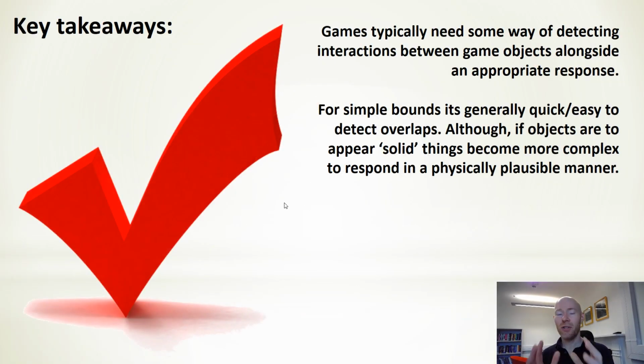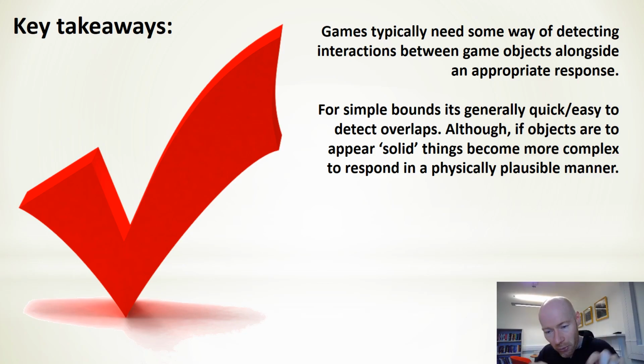So just to summarize things, for games that you're doing, generally speaking, you do need to have some way of detecting interaction between game objects, not just simply player interaction, user input. Alongside that, whenever you detect interaction with objects, there's also some game-specific and appropriate form of reacting to it.